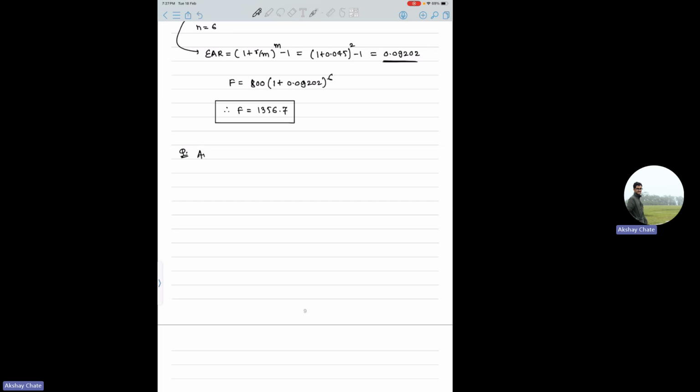An annuity of 3,600 is paid at the end of each quarter for 7 years at an interest rate of 8% compounded quarterly.